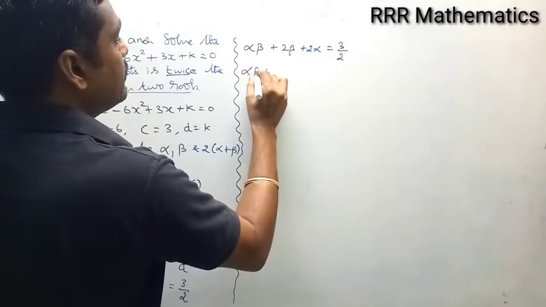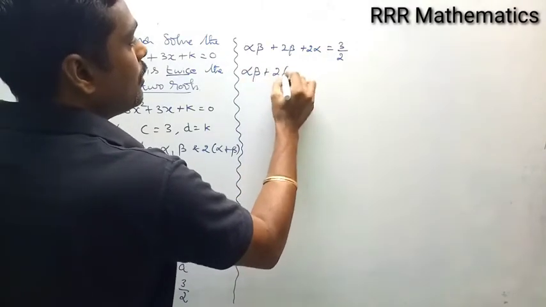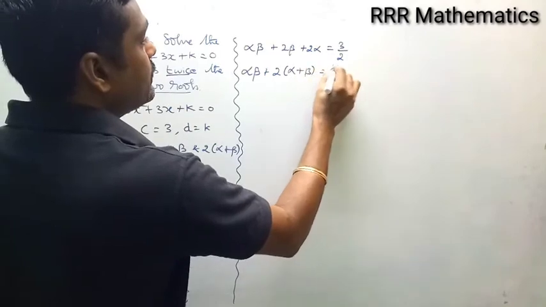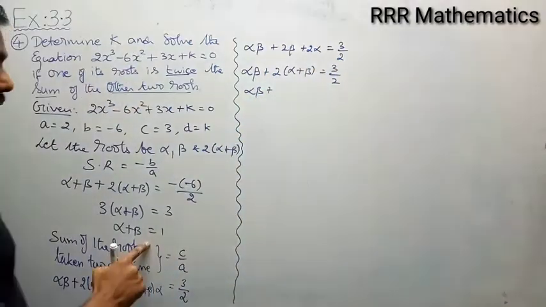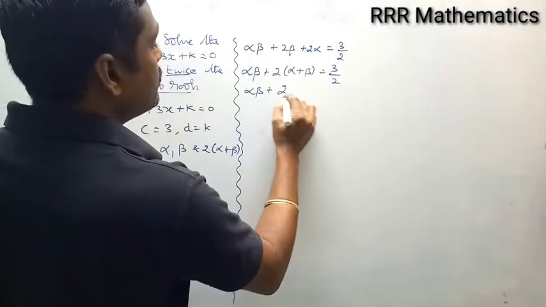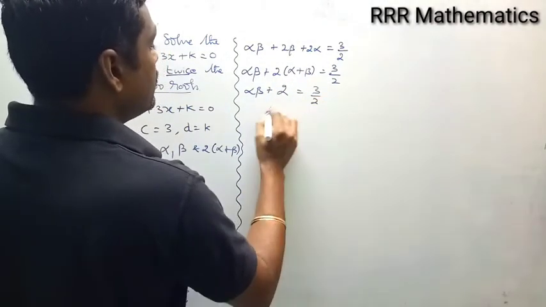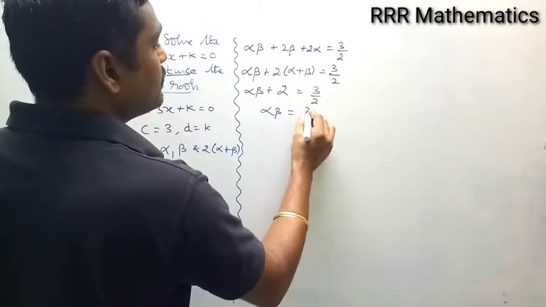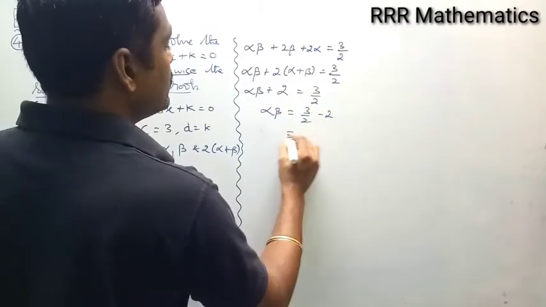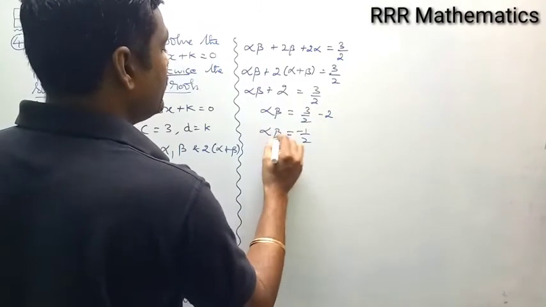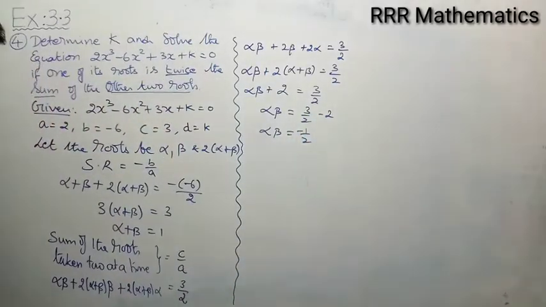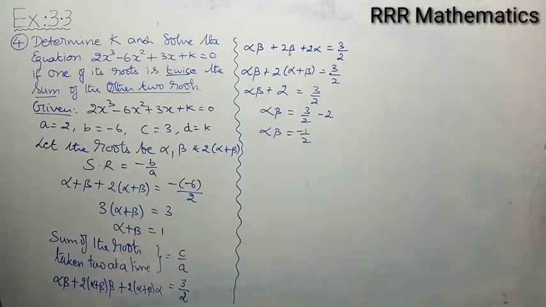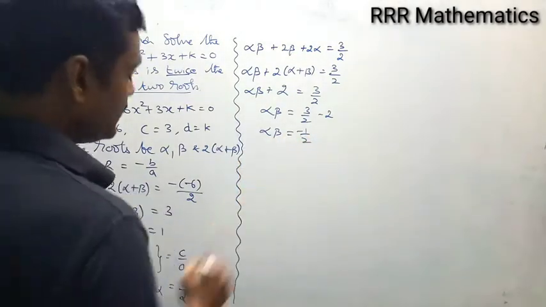Alpha beta, I'll take 2 common, it will be alpha plus beta. What is again alpha plus beta? 1. So 1 into 2, it will be 2. Alpha beta, this 2 comes here, 3 by 2 minus 2. It will be minus 1 by 2 when you take LCM, 3 minus 4, minus 1 by 2. See, we have alpha plus beta equal to 1 and alpha beta equal to minus half.